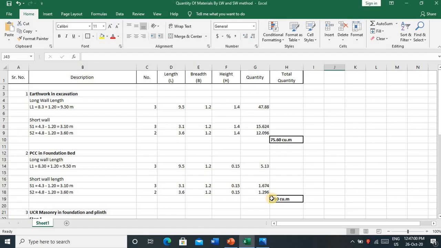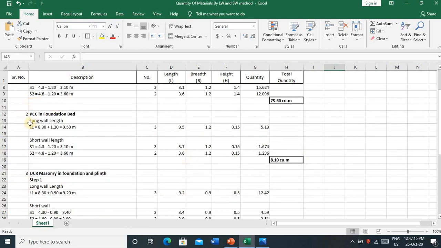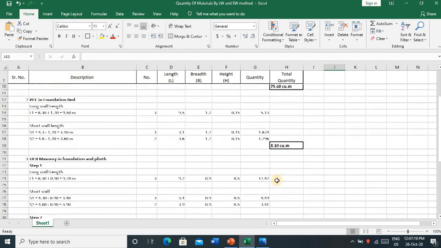It means if you calculate the earthwork in excavation, if you do the calculation up to this, you will get the 4 marks. So the final answer will give you 4 marks. Again, the second quantity will give you another 4 marks. So it adds to 16 marks.